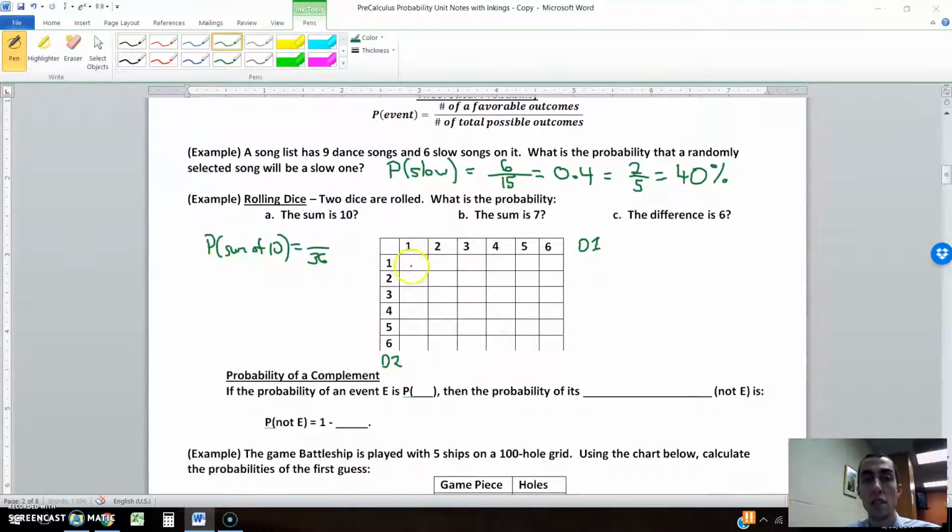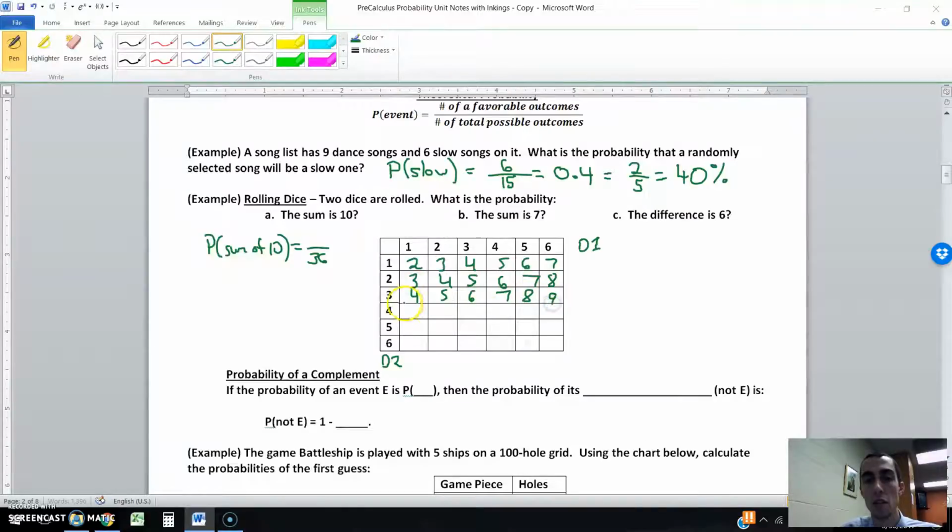Then we need to find how many times you will get a favorable outcome if we list all of the possible combinations. So let's take a look. If you roll a 1 and a 1, that sum will be 2. A 1 and a 2, the sum will be 3, and so forth. So you can fill in this table, and that's going to give us all of the possible sums.